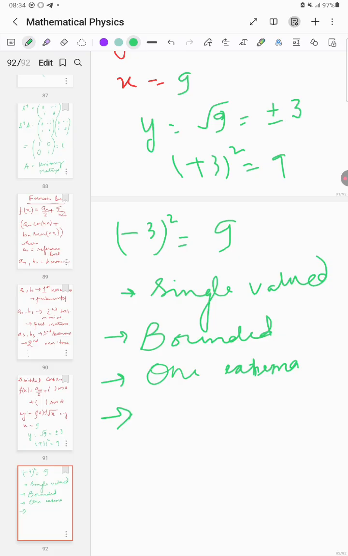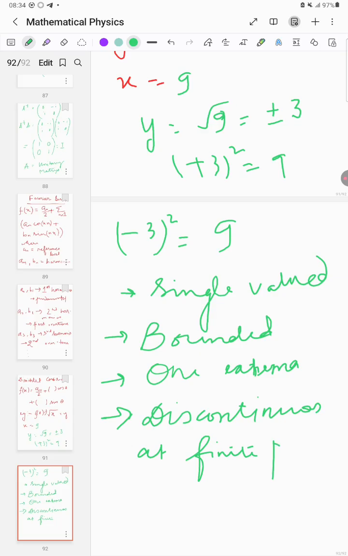One extrema and it should be discontinuous at finite points. Alright. So we can say that if these four conditions are satisfied, then a function can be expanded by Fourier series. Alright. Now we'll look into Fourier coefficients in the next lecture, in the next video.